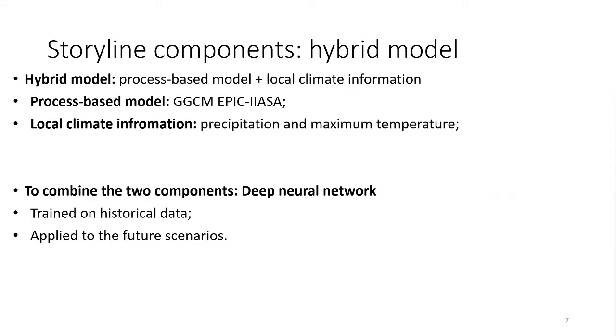So just to be a bit more technical here, one of the main components of our storyline is the hybrid model. That is something that I developed last year here in IIASA together with Esther and Chris. Basically, the hybrid model consists in taking a process-based model, the EPIC IIASA, and we correct it and improve its performance by merging it with exogenous statistical information, weather information in the location.